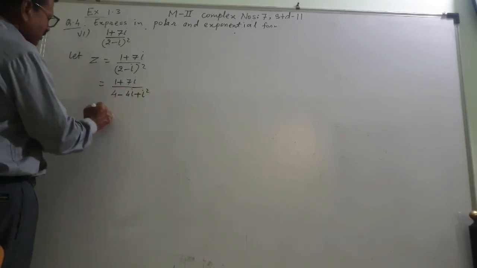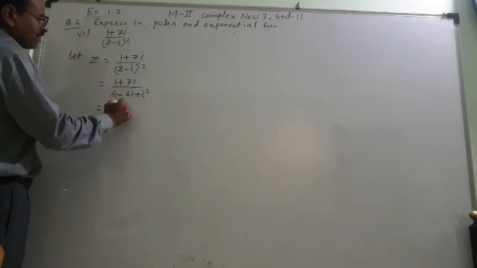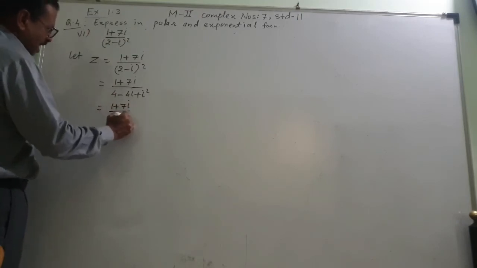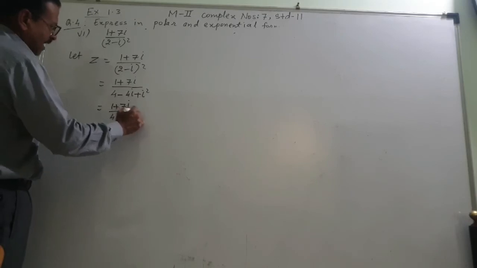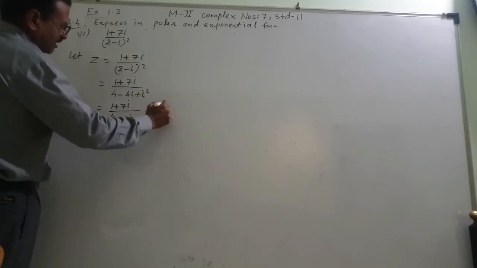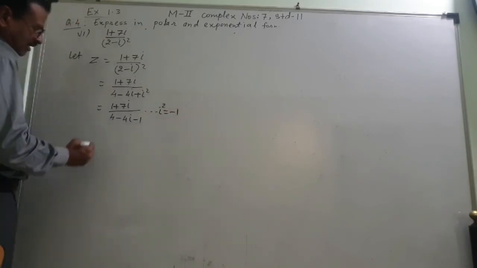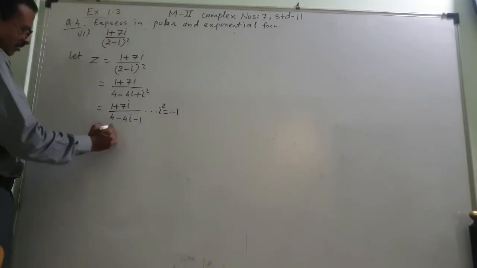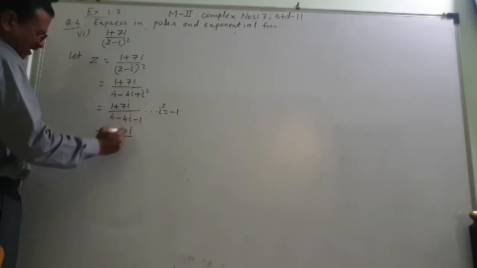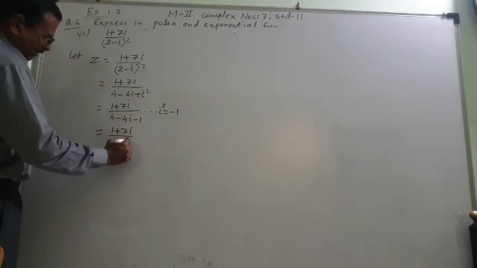So that is equal to 1 plus 7i upon 4 minus 4i, and i square value is minus 1. Here I will give the reason: i square is equal to minus 1. So that is equal to 1 plus 7i upon 4 minus 1, that is 3 minus 4i.